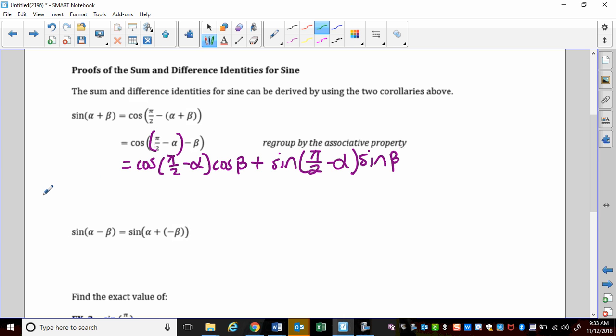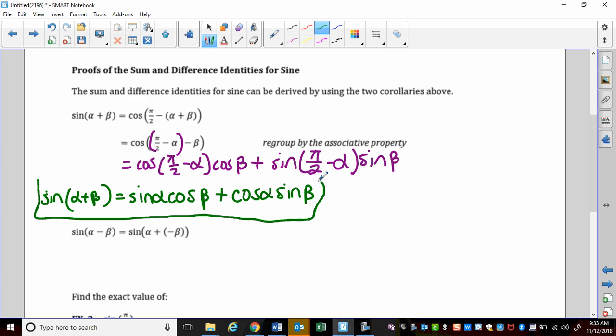So sine of alpha plus beta, the actual formula is going to give us sine of alpha cosine beta plus cosine alpha sine beta. This is my sum formula for sine.